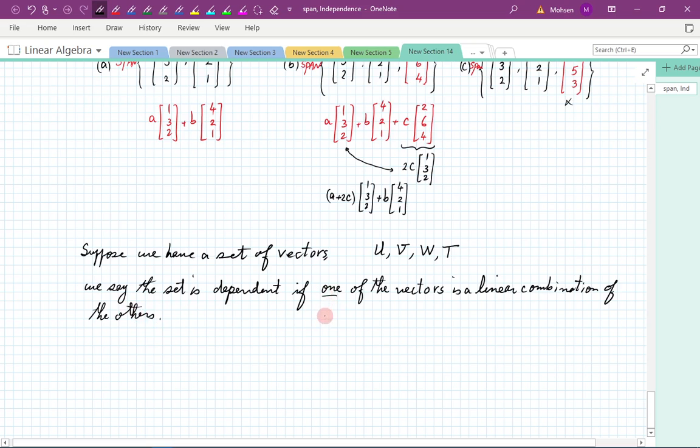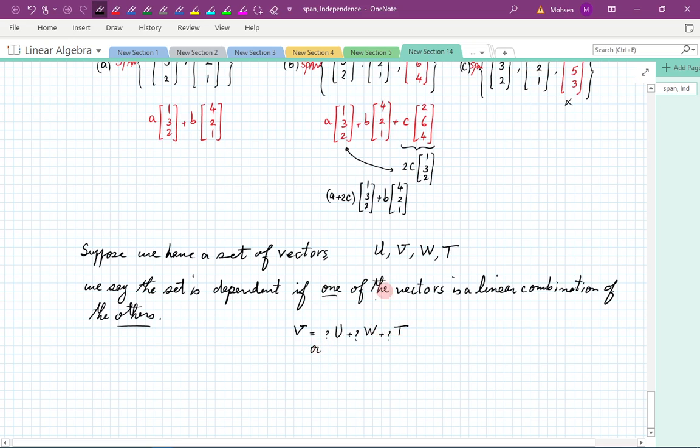So if one of them is built from the other ones, well, which one? Well, it depends on the particular problem that you have in mind. Perhaps V is some sort of a combination of U and W and T. So it could be that V is some combination of, now we don't know exactly what numbers are involved in that problem, something times U plus something times W plus something times T.